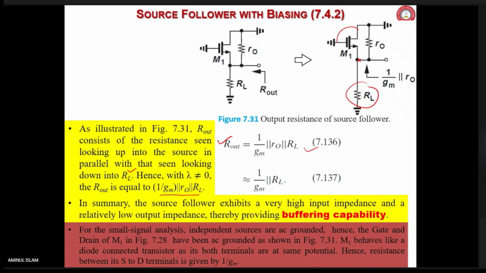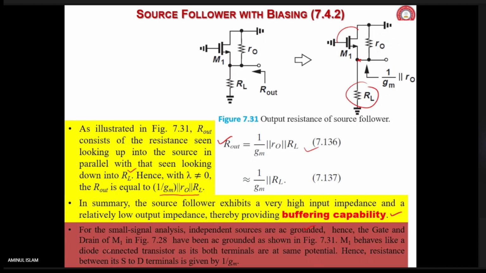In summary, the source follower exhibits a very high input impedance and a relatively low output impedance, thereby providing buffering capability. What is the meaning of that? Can you tell me? For small signal analysis, independent sources are AC ground.